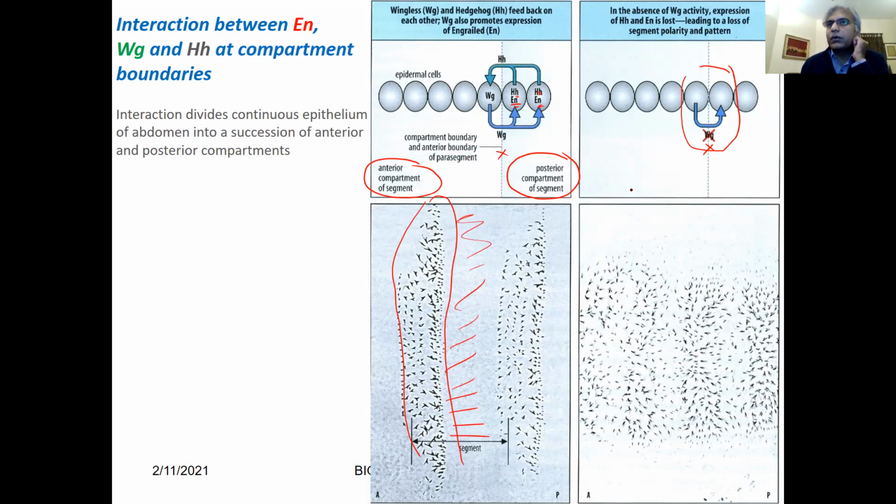Now, if you have a mutation in wingless or hedgehog, you see a mirror image of this denticle belt, the mirror image. And this is the next one.